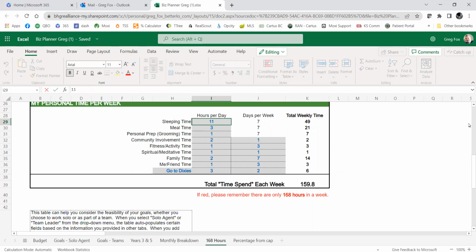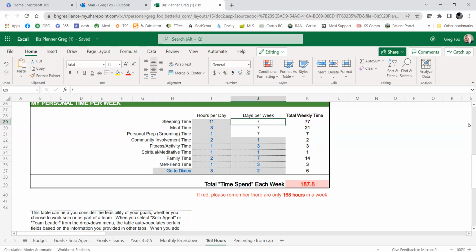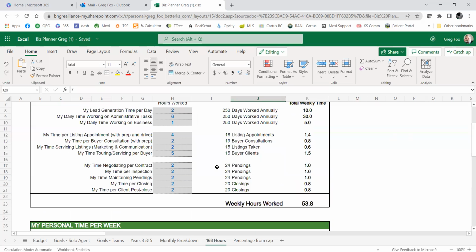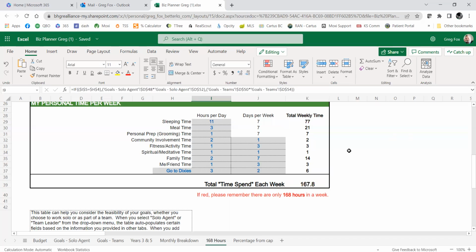Isn't that terrible? I just toss and turn. So now look, I've run out of time during the day. I got to find some place down here or up here to cut back. And again, I'm picking on Elena. She was spending a lot of time doing the admin, and she says she has it down to 2 hours a day. Well, son of a gun, she has enough days in the week to do that.